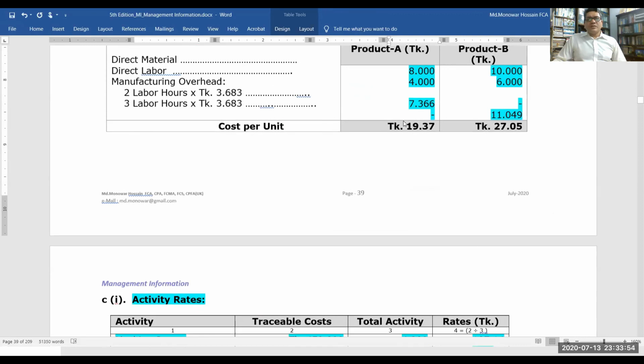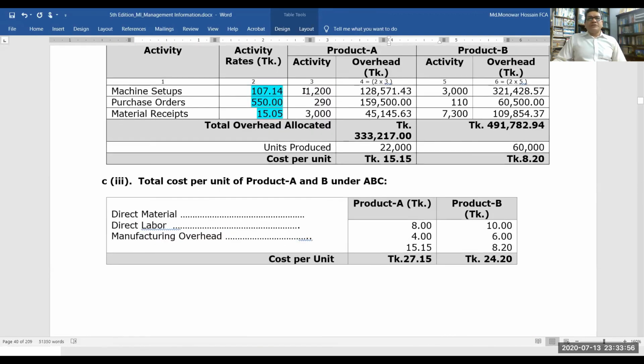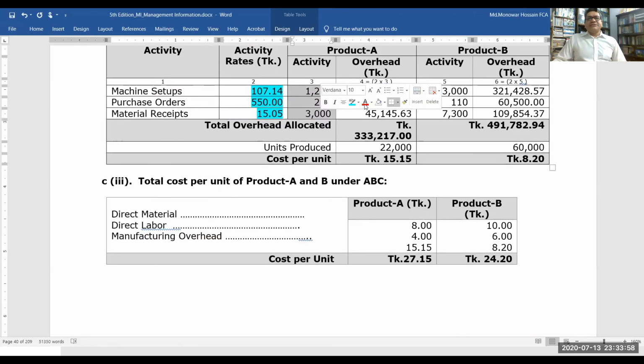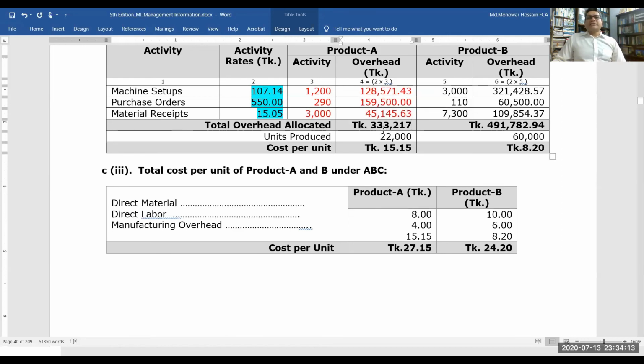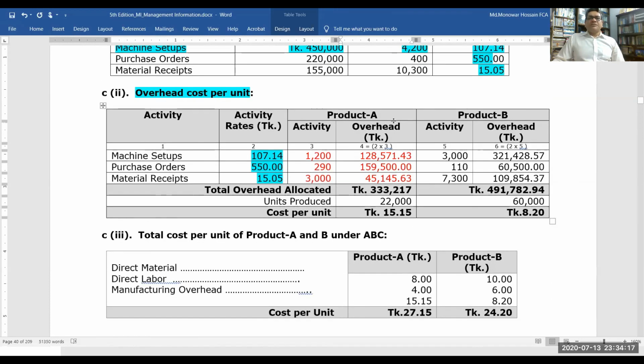If we put this data in here and multiply with this figure, then we'll get the overhead cost. So we will get 3,33,217 taka for product A. It is the overhead cost.